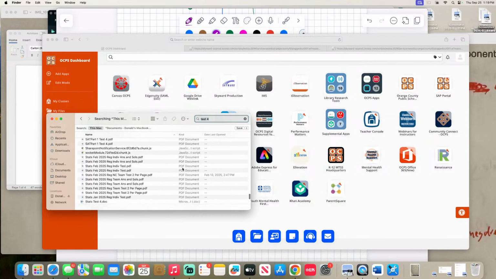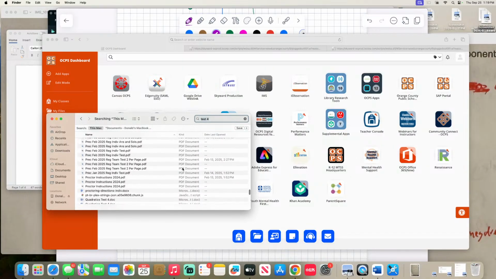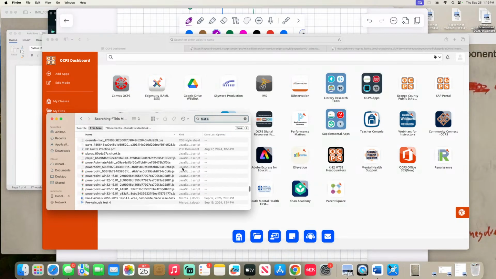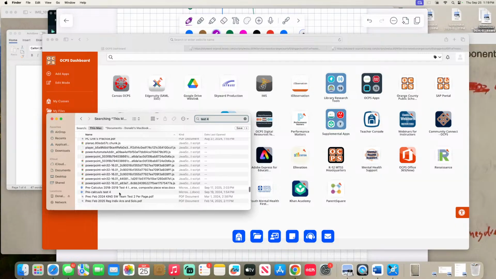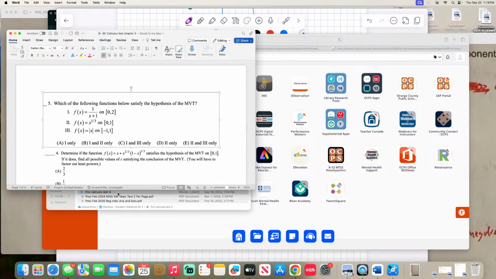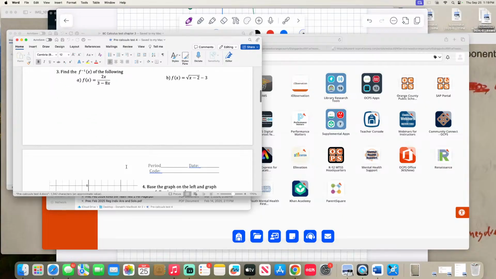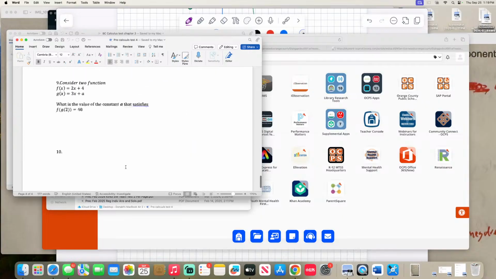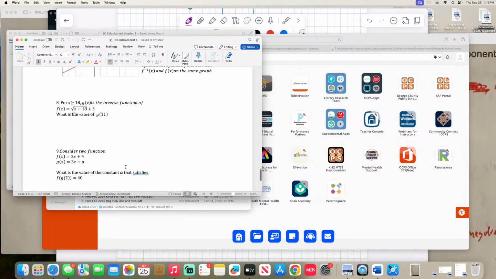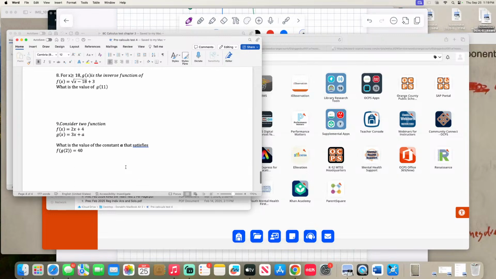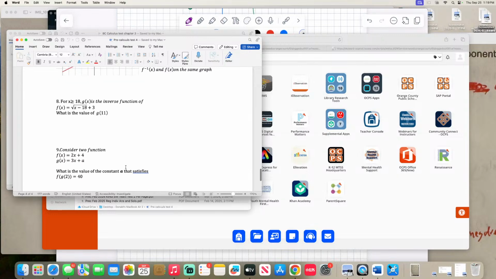Times that by a half. Well, I can look at that, but yeah, I can't use it. I can see it.